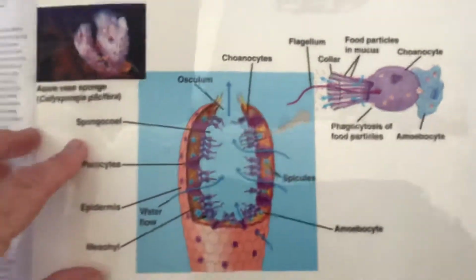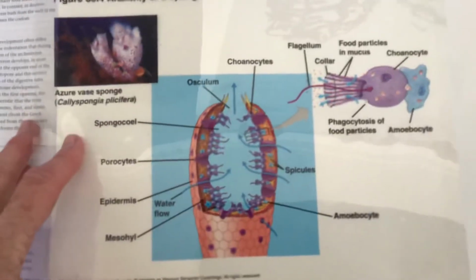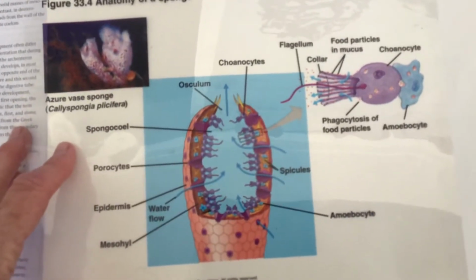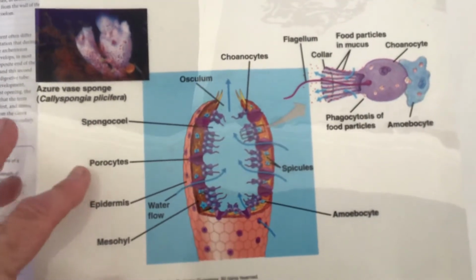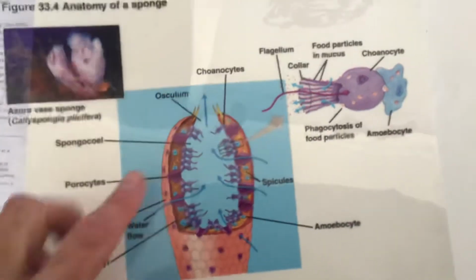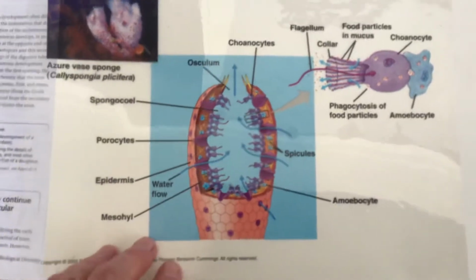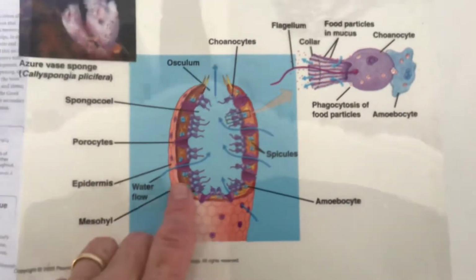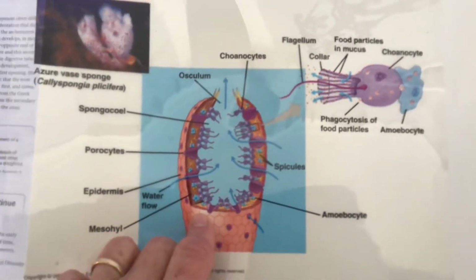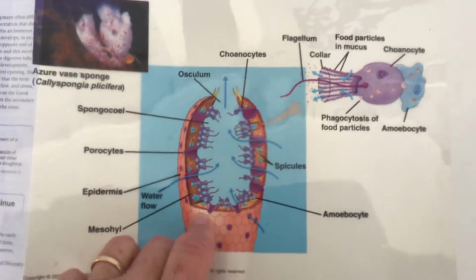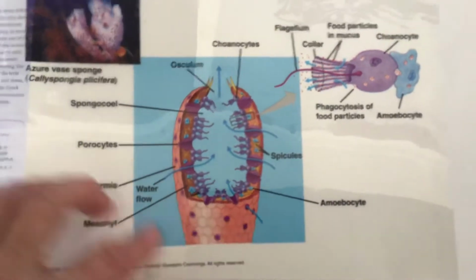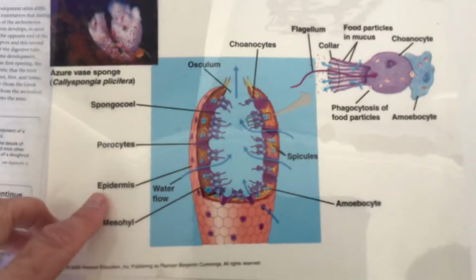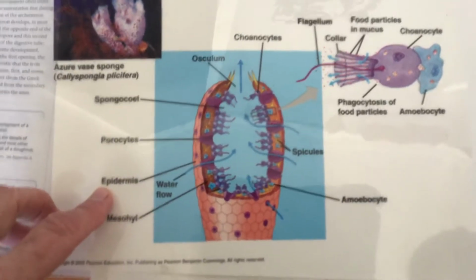The outside part of the sponge has a lot of holes in it. And so the porocytes are the holes that are going through. The mesoglia is like the jelly stuff that is in between. You have the pinacocytes, which are the actual cells that are on the outside. In this case, they're calling it the epidermis.